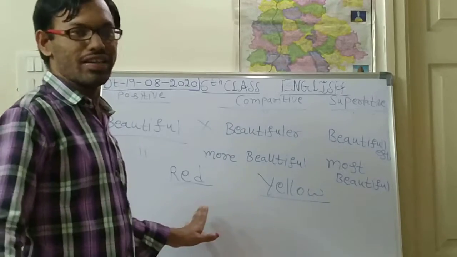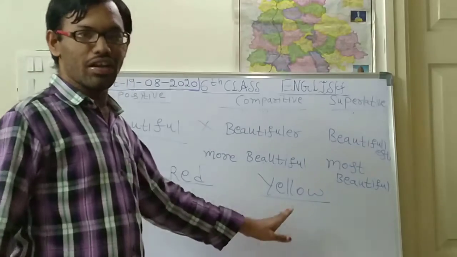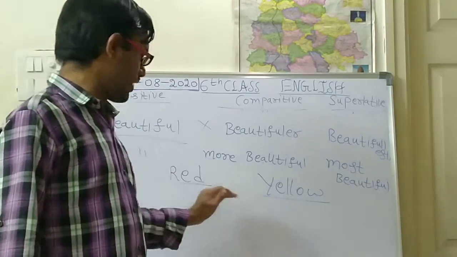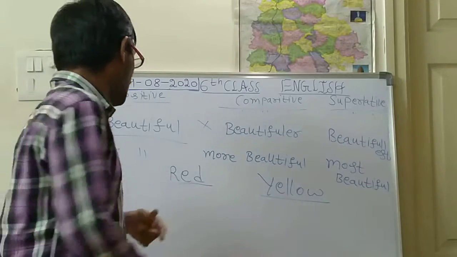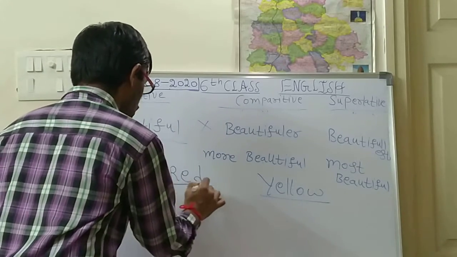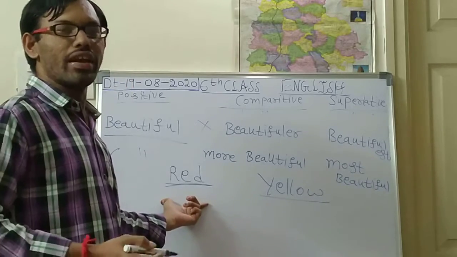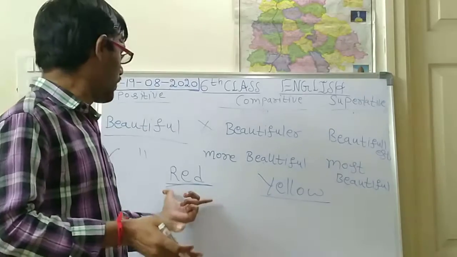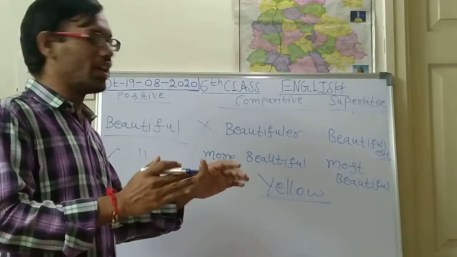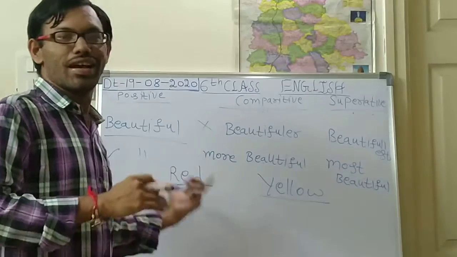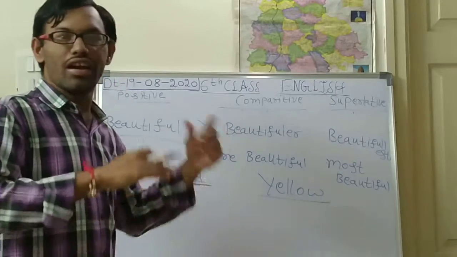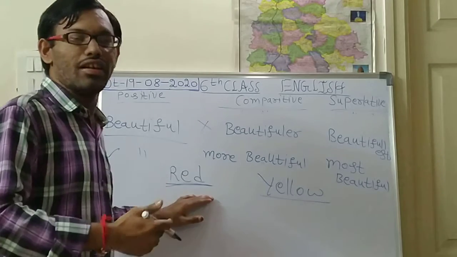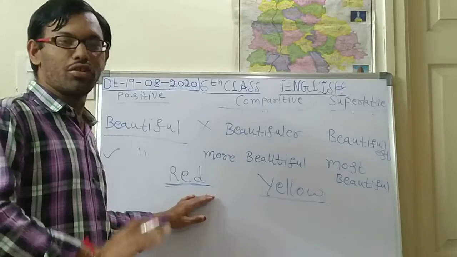You have already selected the model, but you are choosing the color. You thought red would be very nice, and previously you don't have any red shirt. Yellow shirts you already have three or four, but red is not there till now.